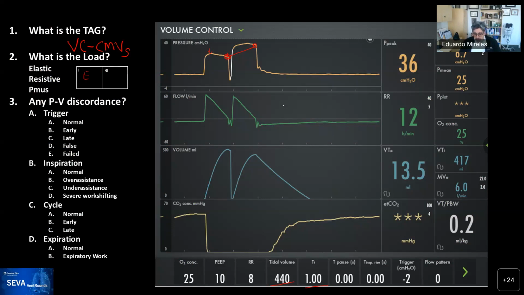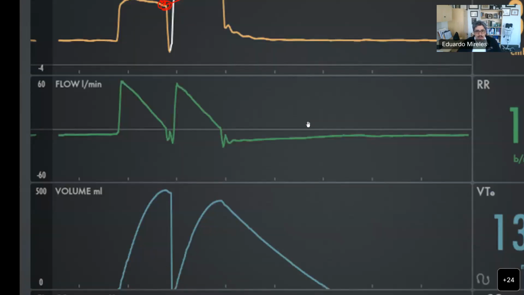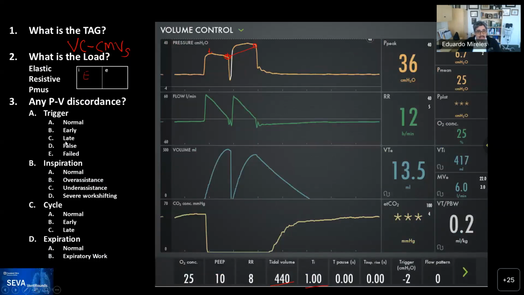But I'm going to amplify it for those of you that are on the cell phone: you don't see it reach baseline. And this is 1 second, 2 seconds, 3 seconds, 4 seconds, 5 seconds. And actually, you can see that when the patient got the other breath over here, it was still not reaching baseline. So this patient has massive increased resistance during expiration.